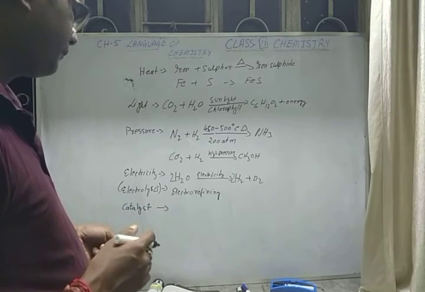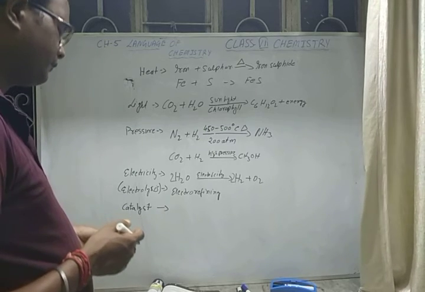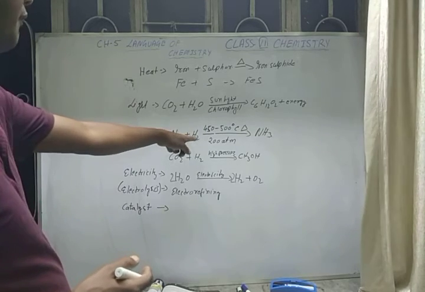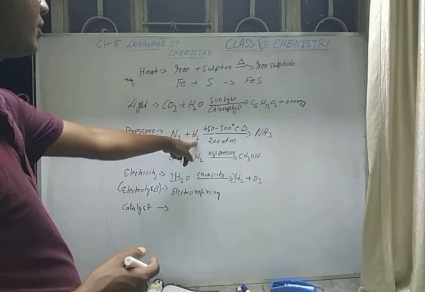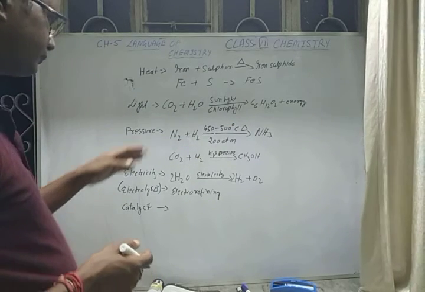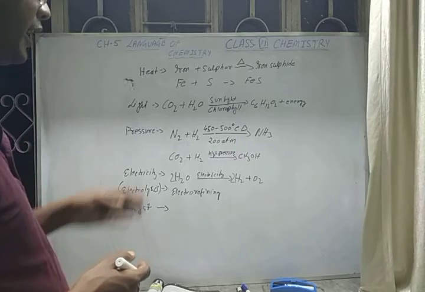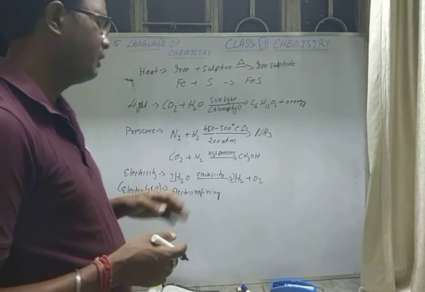For example, nitrogen and hydrogen react to form ammonia in the presence of a catalyst. In this example, the reaction of nitrogen and hydrogen to form ammonia, we are using a temperature of 450 to 500 degrees Celsius and a pressure of 200 atm.